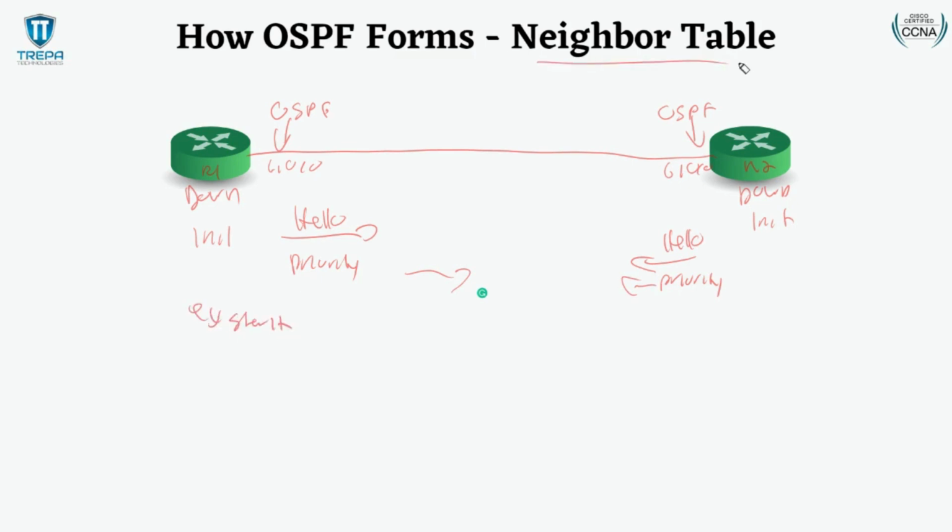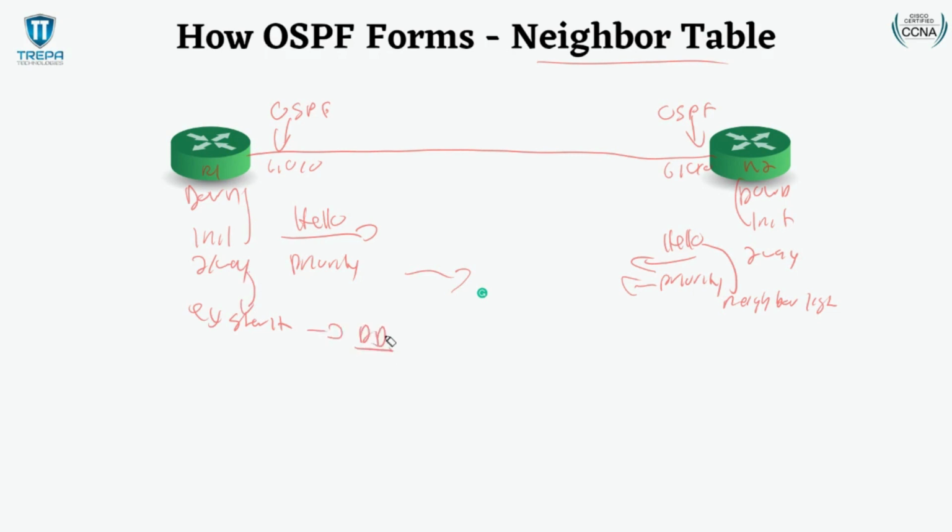And now we're jumping ahead because essentially the only two states we care about are down and init. And we also go into a two-way state once those hello packets are actually going to have a neighbor list. Once that neighbor list is populated with each other's neighbors, they get into that two-way state and then immediately start going to that ExStart state, sending database description packets.